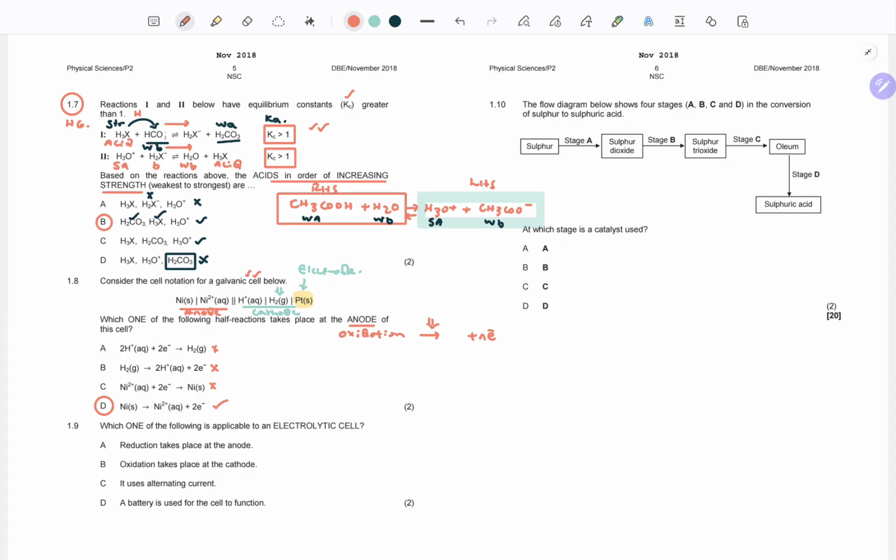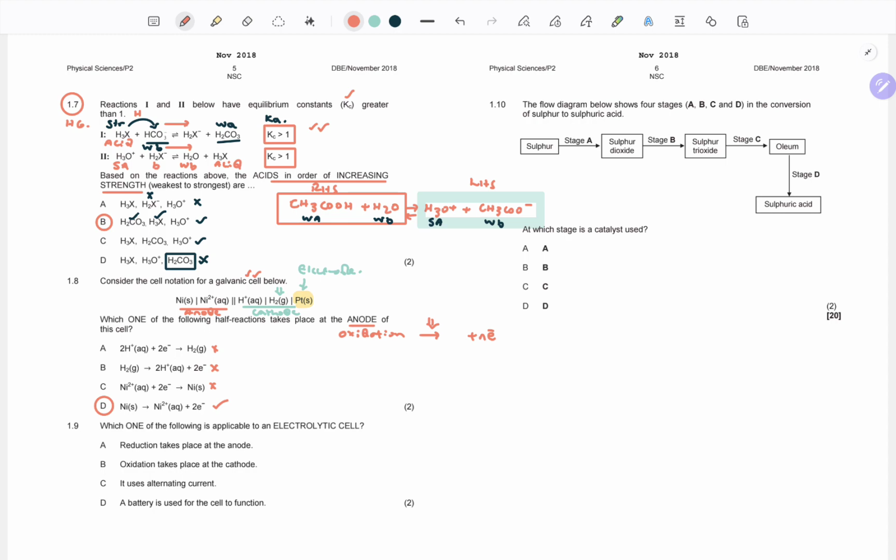Again, if you don't know this, then too bad for you, friends. This says electrochemistry needs to be revised, and there are a lot of technical factors there. It's not difficult, but it's technical in nature. So one needs to really revise those technicalities and know how to use the standard reduction potentials.